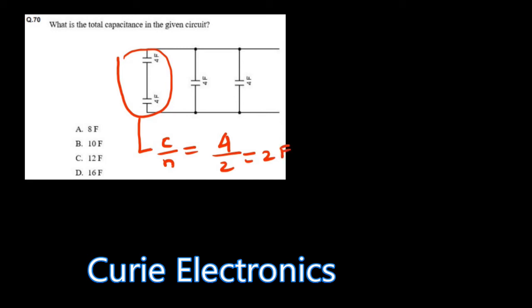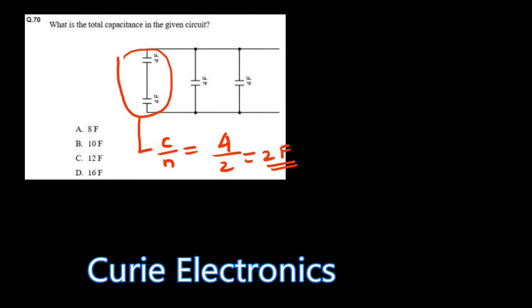When we connect two 4 microfarad capacitors in series, what do you get as the equivalent? It is C upon N. Two capacitors of the same value connected in series give 4 upon 2, so we get 2 farad. Now this 2 farad is connected in parallel with 4 farad.